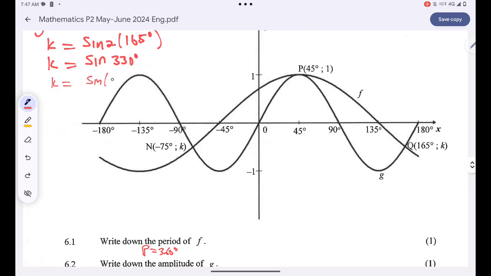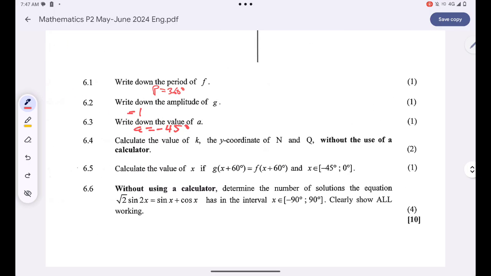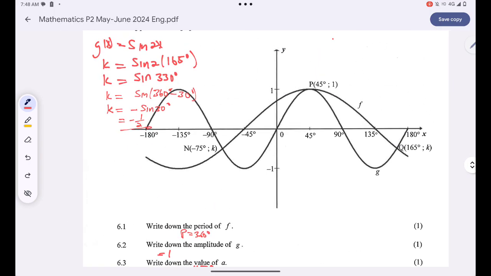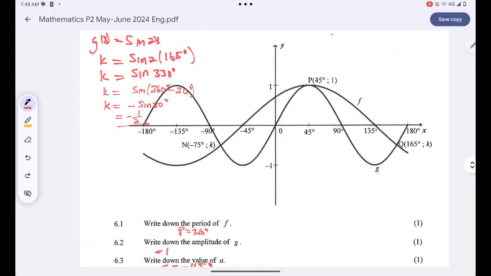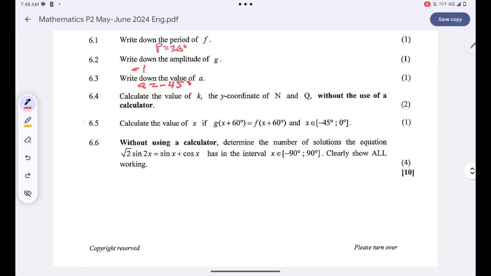Let's reduce this angle: in the fourth quadrant, we express angles as 360 minus. So therefore k is basically negative sine 30 degrees, and that's negative 1 over 2.